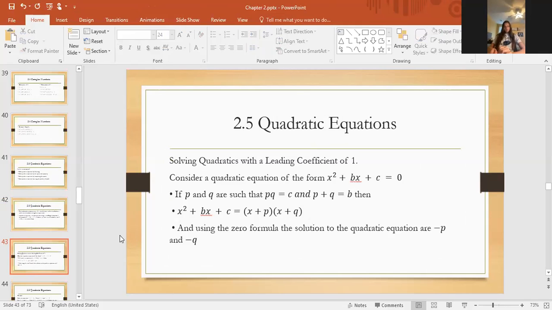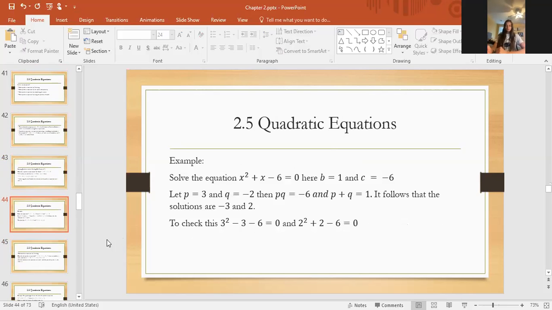If you can get two integers with product equal to c and sum equal to b, you have a solution. The solutions are minus p and minus q. So that's the first step. Once you have an equation and a equals 1, just look if there are any two integers with product equal to c and sum equal to b.